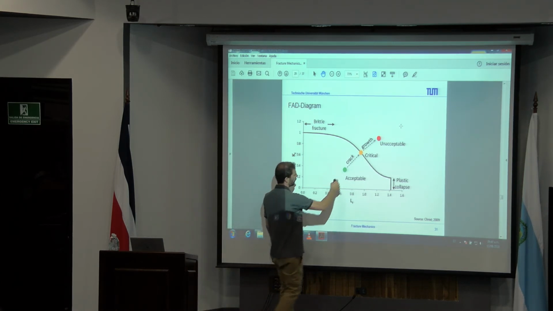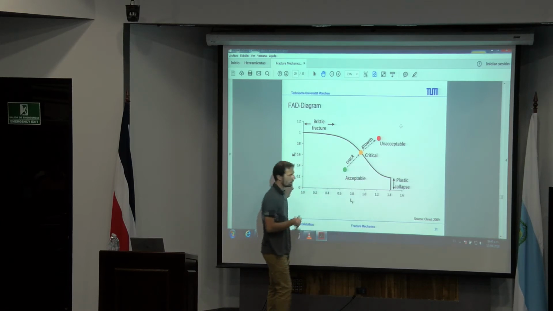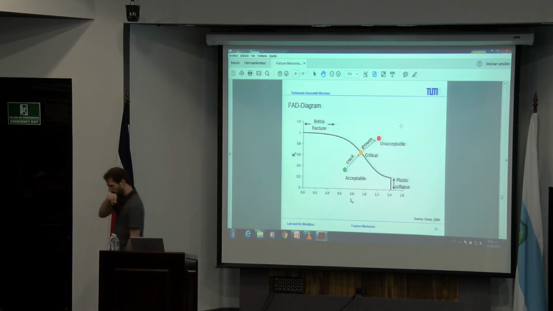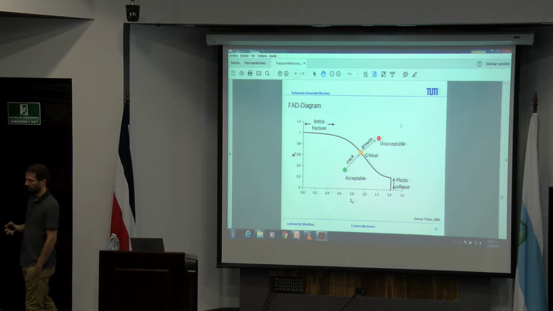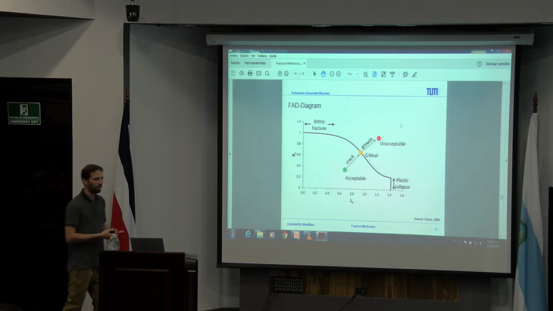So due to the crack propagation, this point is moving from this point upwards and gets here critical. And then of course, if it's going above the line, you're on the unsafe side. So at the end, your system, your crack, is going to fail.